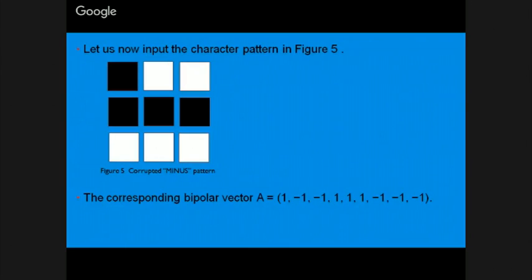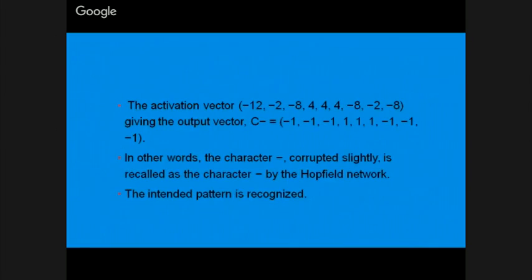For the second row, we get 1, 1, 1. And for the third row, we get -1, -1, -1. Now, if this is your input pattern, what would be the activation? The activation comes out to be -12, -2, -8. What output will that give?